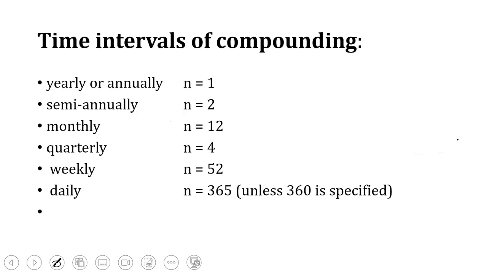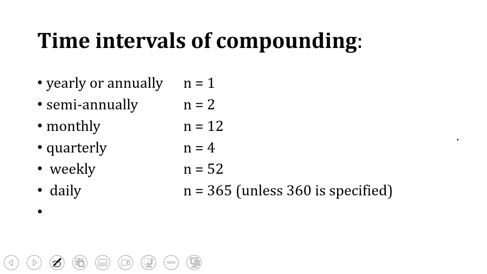So here are the time intervals of compounding. This is what we're going to plug into our formula. When they say yearly compound, they give interest one time a year. Or maybe they say, if you invest your kids' scholarship money with me, we will do 5% 2 times a year. Or maybe we have a monthly percentage rate.